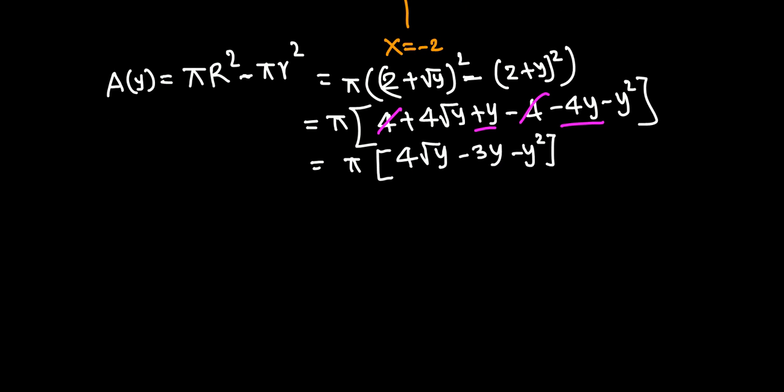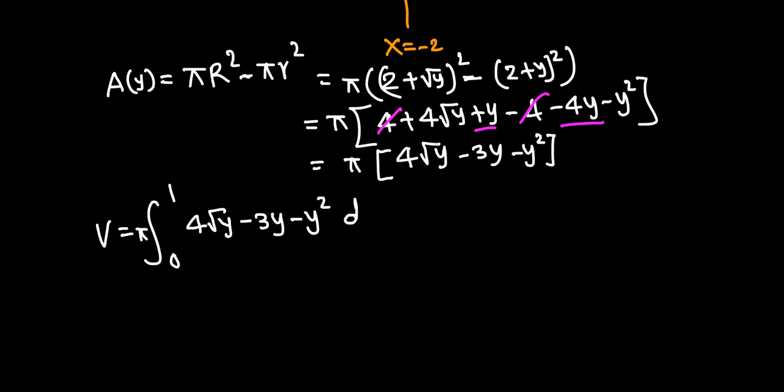Now the volume is given by the integral from 0 to 1 of the area of the washer, so we can pull pi outside: 4 root y minus 3y minus y squared with respect to y. Let's evaluate this definite integral.